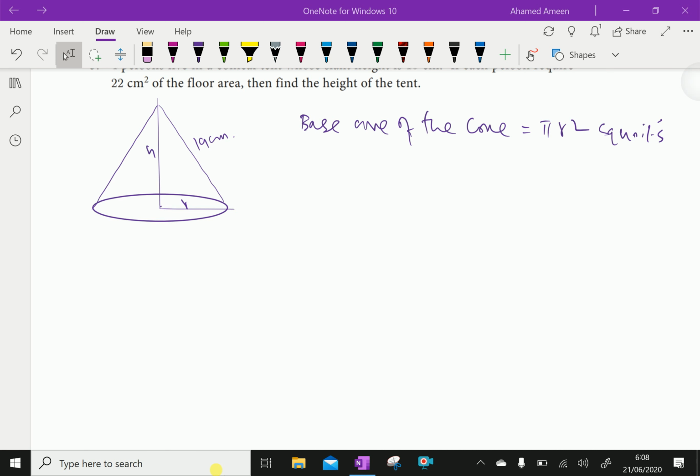Now therefore pi r squared is given as 4 times 22 centimeter square, because each person occupies 22 centimeter square.